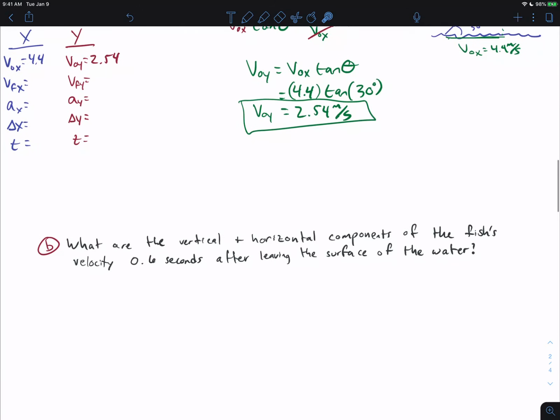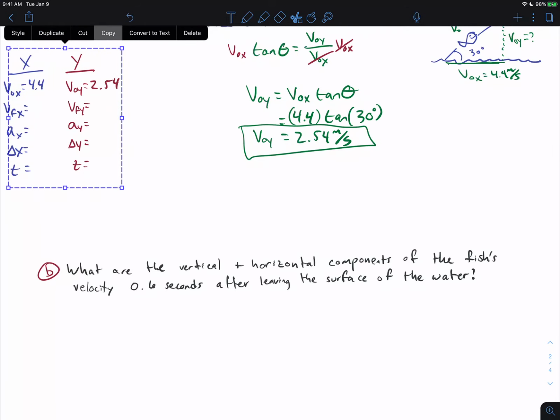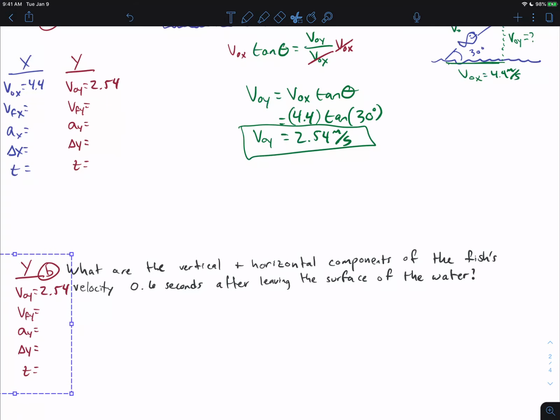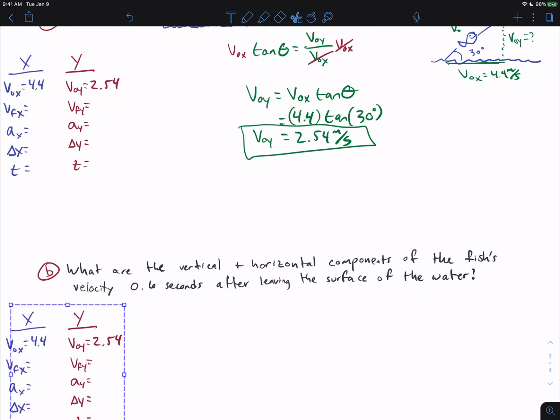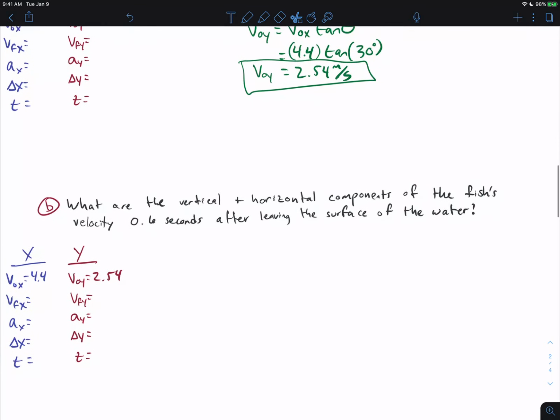So to avoid setting all of this up again, you can have this information here copied over, and we'll be using the same information right here. Now here, I want to know what are the vertical and horizontal components of the velocity 0.6 seconds after leaving the surface of the water.